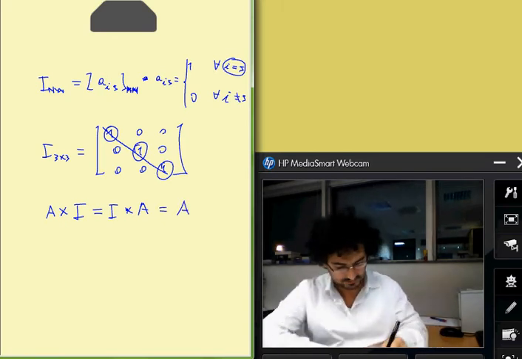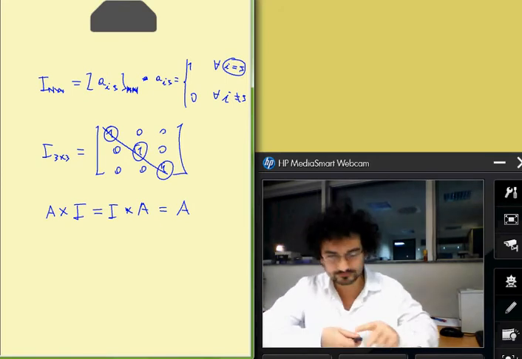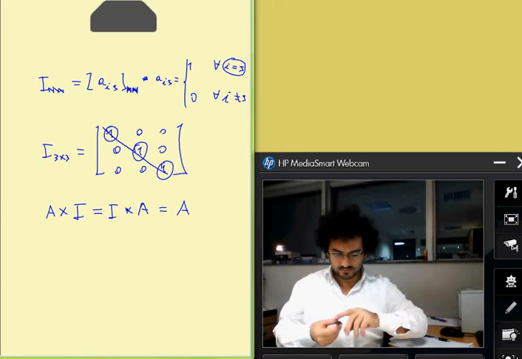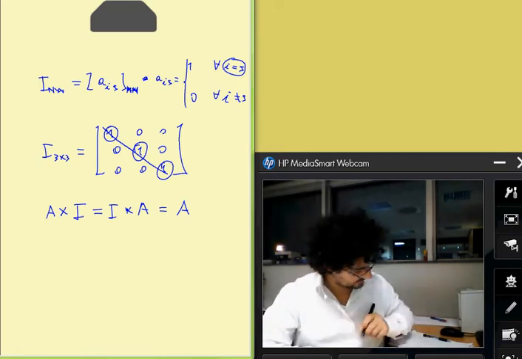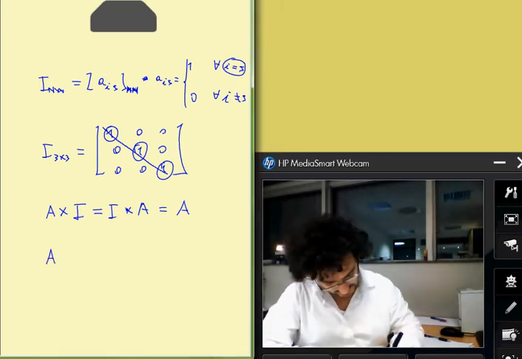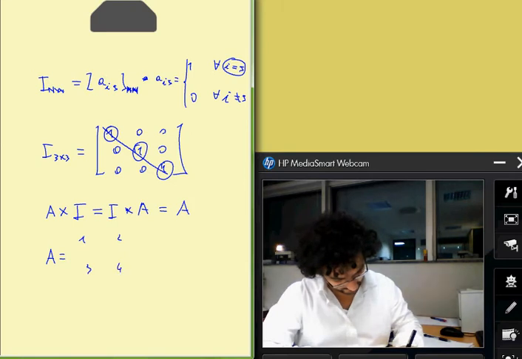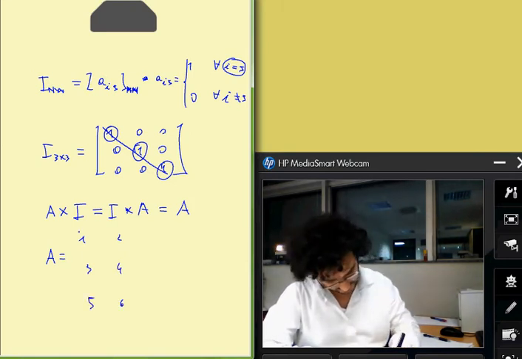For instance, we can consider matrix A equal to 1 2, 3 4, 5 6.